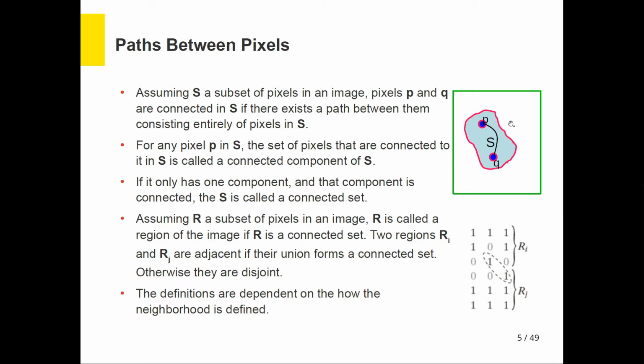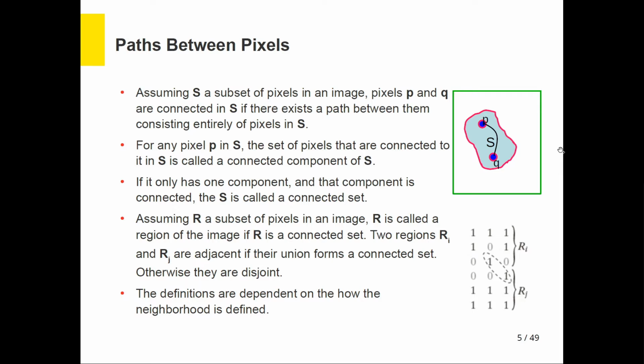So you can see an example here that this area that is shown with the red border is the subset S, and P and Q, since both of them are contained in the subset, and also any path that goes from P to Q only contains pixels that are inside the subset S, we say that they are connected.